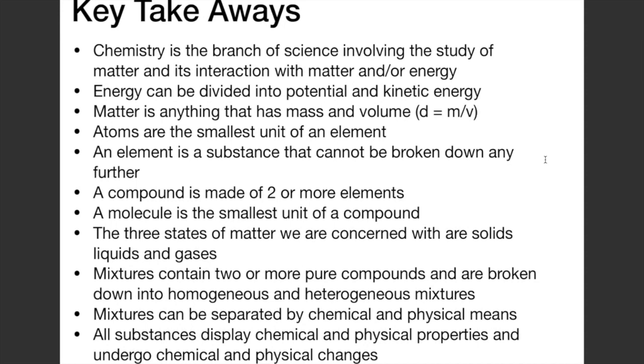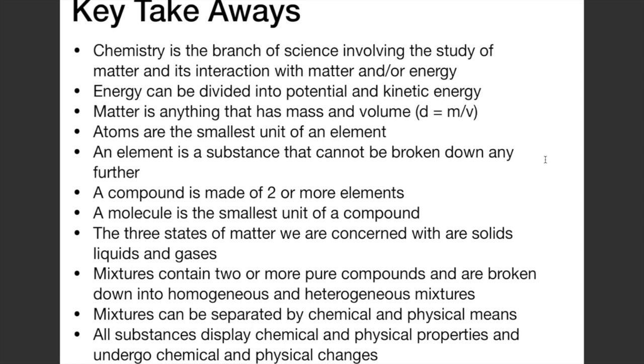Atoms make up elements. Elements are substances that cannot be broken down any further. We define a compound as a substance being made of two or more elements, and a molecule is the smallest unit of a compound. Because we're not concerned with plasmas in this course, we're only going to be concerned with three states of matter: solids, liquids, and gases. We can divide mixtures into homogeneous or heterogeneous.